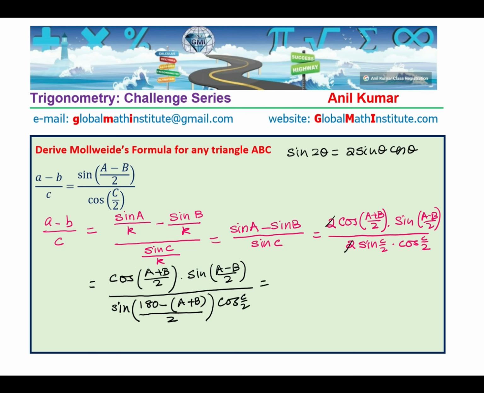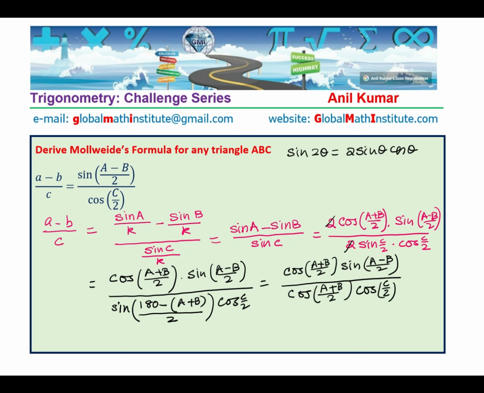So in the numerator, we have cos of A plus B by 2 times sine of A minus B by 2 divided by, now that is 90 minus A plus B by 2. So it comes to cos of A plus B by 2, correct? And cos of C by 2.